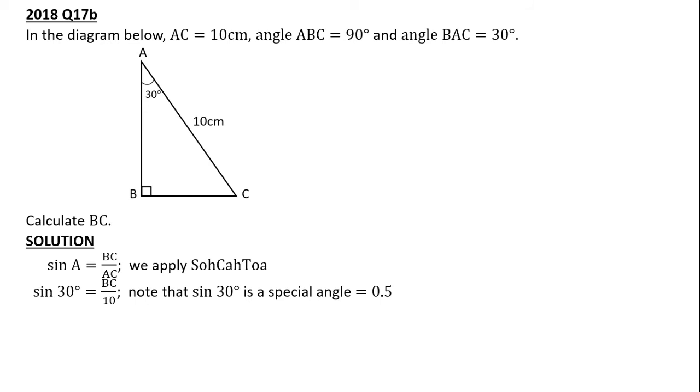So where there's sine 30 degrees, we'll replace it with 0.5. So 0.5 over 1 must be equal to BC over 10. Then we cross multiply. When you multiply 0.5 times 10, you get 5. Therefore, BC is equal to 5 centimeters.